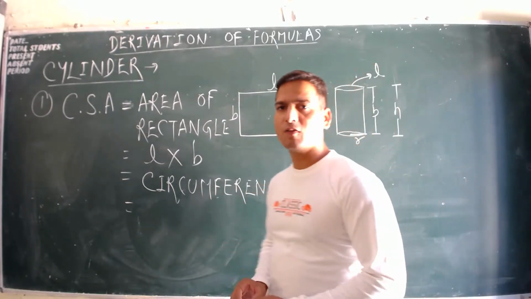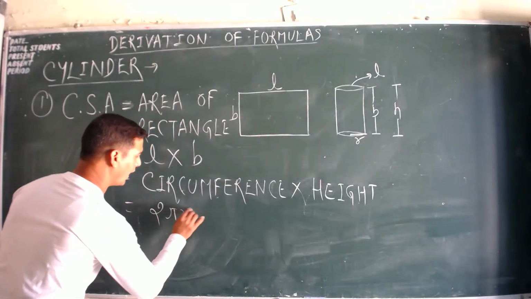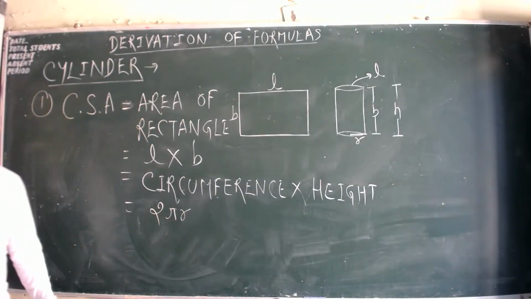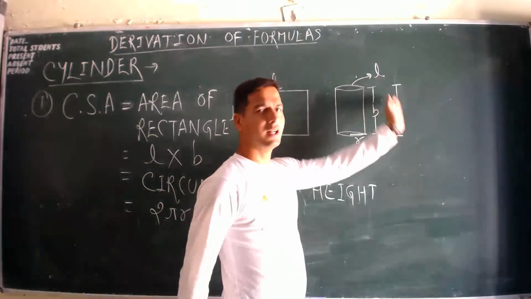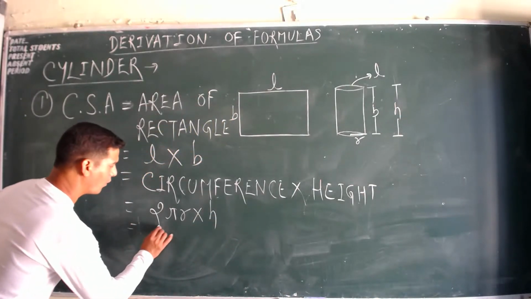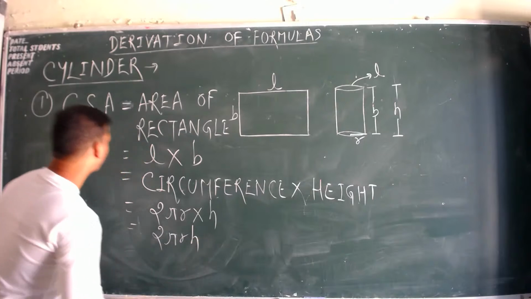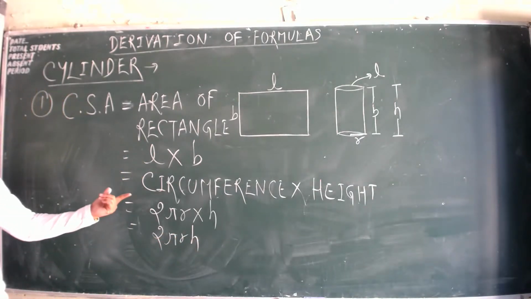So what is the formula for circumference? The circumference of a circle is 2 pi r, where r is the radius of the circle, and the symbol for height is h. So the formula of curved surface area of a cylinder will be 2 pi r h.